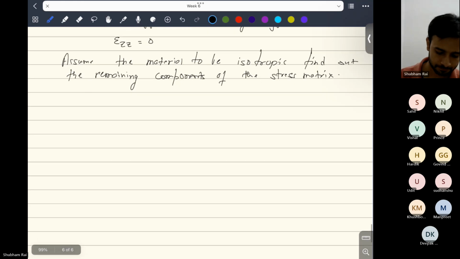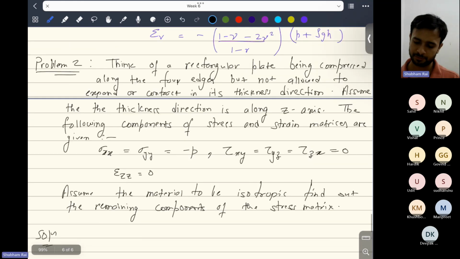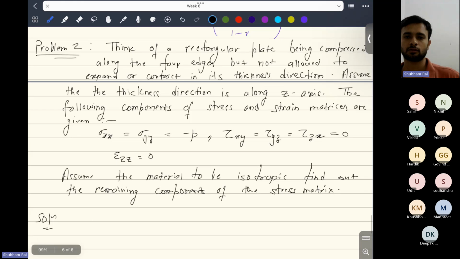Okay, so it's been given to you that you have a rectangular plate being compressed along the four edges, but not allowed to expand or contract in the thickness direction. The components of stress and strain matrices are given that sigma x and sigma y is equal to some pressure minus p because the plate is compressed uniformly along the two directions, and all the shear stresses will be 0, and strain in the z direction is given to the plate.